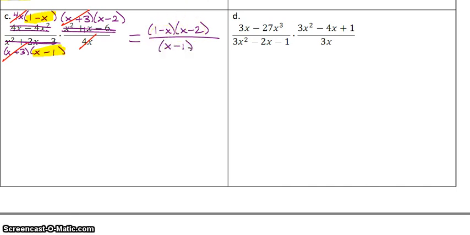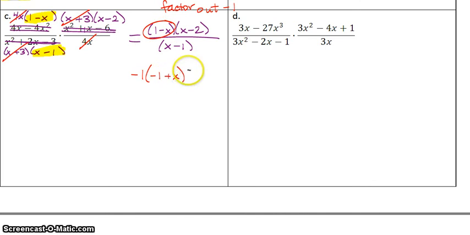Now here's the deal. This seems a little weird, but right now these parentheses don't cancel. I actually can factor out a negative 1 in order to make these match. Here's what I mean. When I factor out a negative 1, 1 divided by negative 1 is negative 1. Negative x divided by negative 1 is positive x.